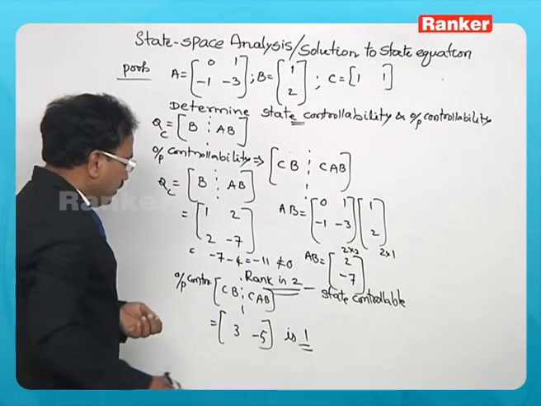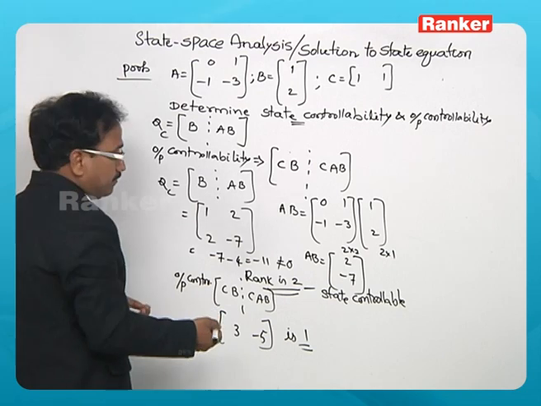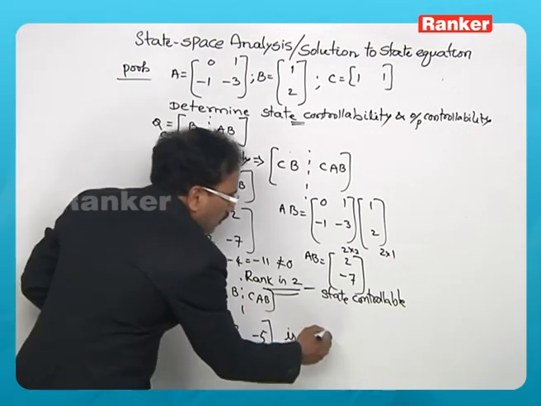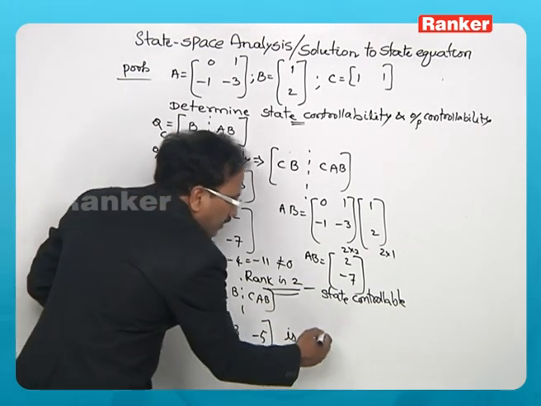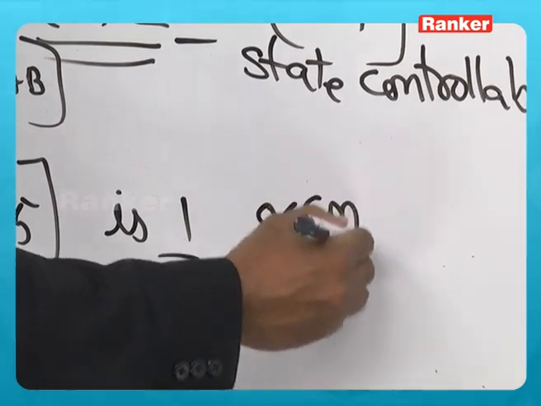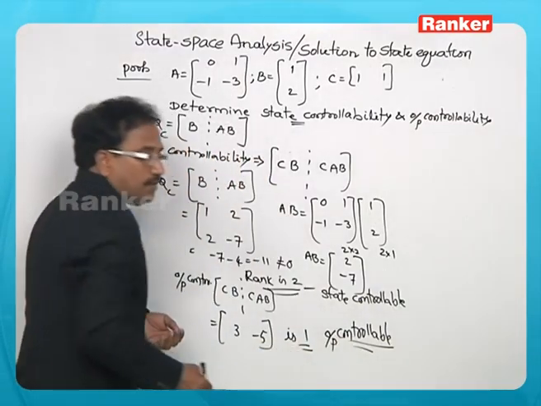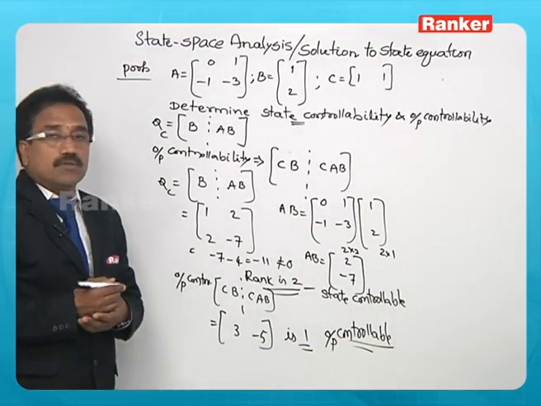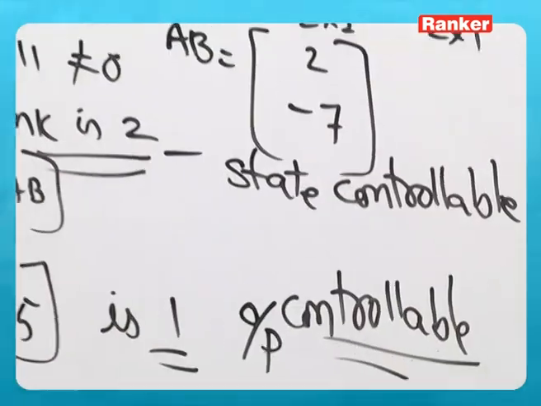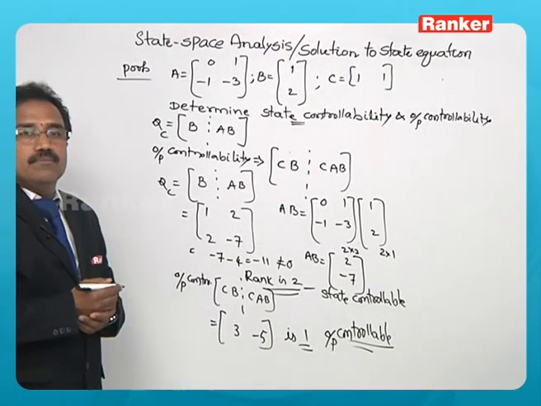So, we say that the system is output controllable because there is a rank for that matrix. So, this is the way the controllability test is performed to check the system status.